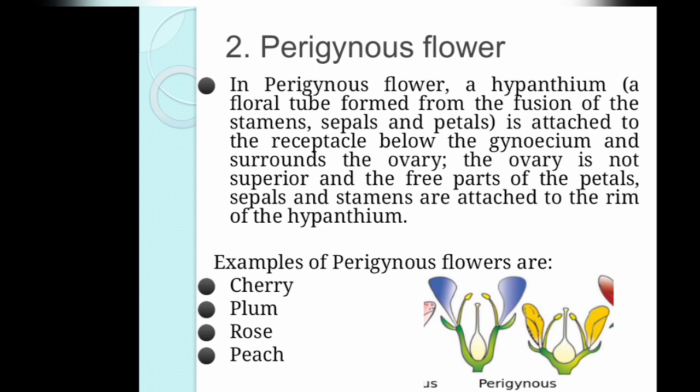Here the ovary is referred to as a semi-inferior, sub-inferior, or half-inferior ovary, and the previous one was a superior ovary. Examples of perigynous flowers are cherry, plum, rose, peach.